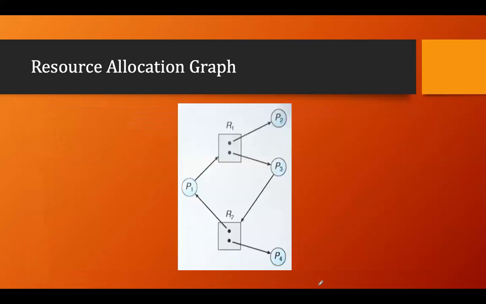This is also a resource allocation graph, right? Where we have more than one resource or more than one instance of the resources. If we convert this into the wait for graph, what will happen? P1 is requesting R1, but R1 is allocated to P2 and P3.